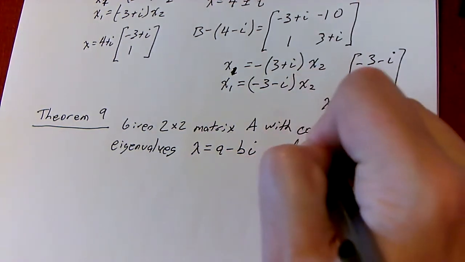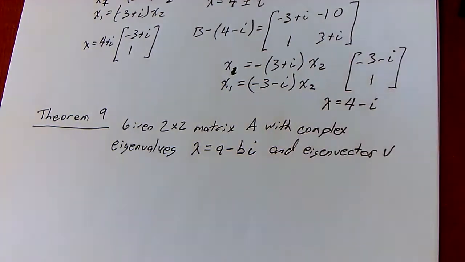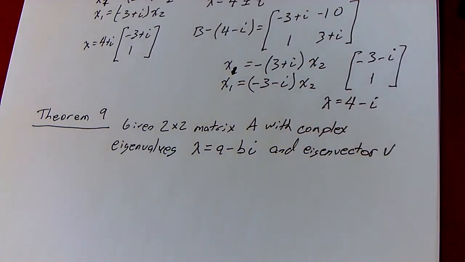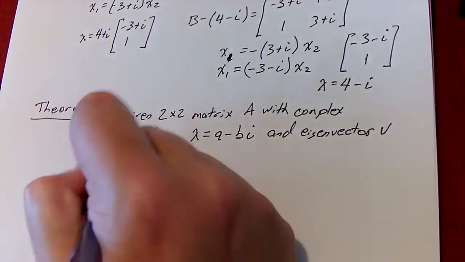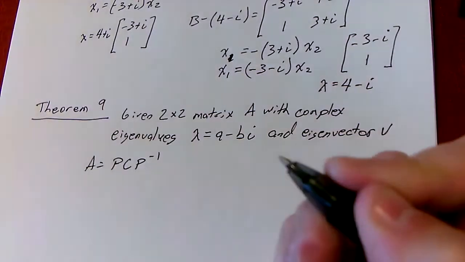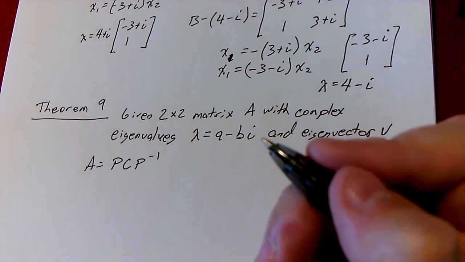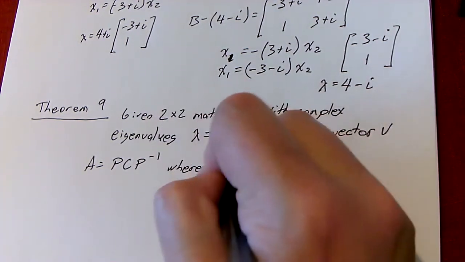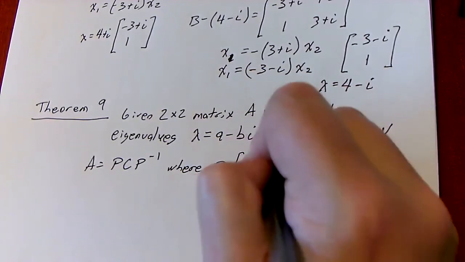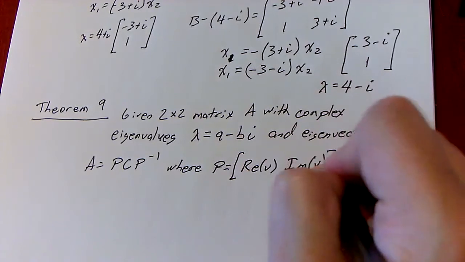And eigenvector v, then I can write a similar matrix. A is equal to PCP inverse. Okay, we don't want to call it D because it's not diagonal, but we have a similar matrix set up where P is going to be equal to the real parts of v in the first column and the imaginary parts of v in the second column.